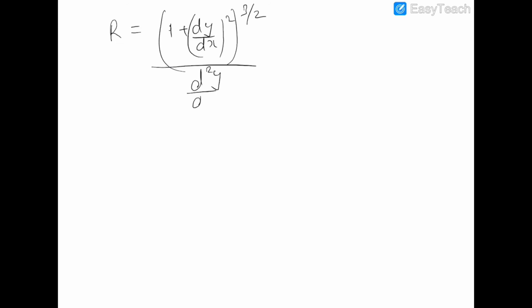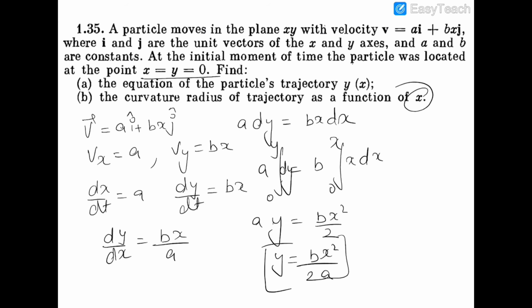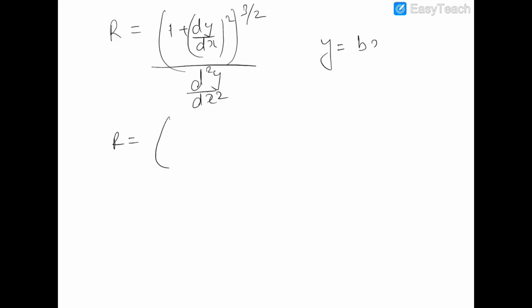The radius of curvature as a function of x can be calculated by the fact that we know that r is equal to 1 plus dy by dx whole square to the power 3 by 2 upon d square y by dx square. Now we know that y is equal to bx square by 2a, so dy by dx will be equal to bx by a, and d square y by dx square will be equal to b by a.